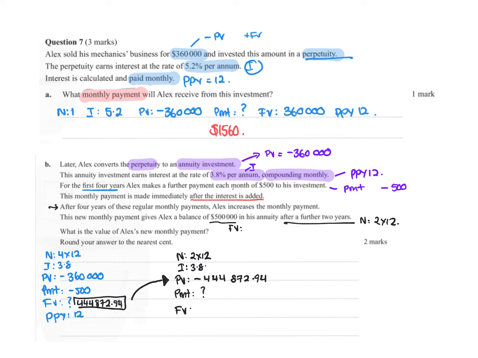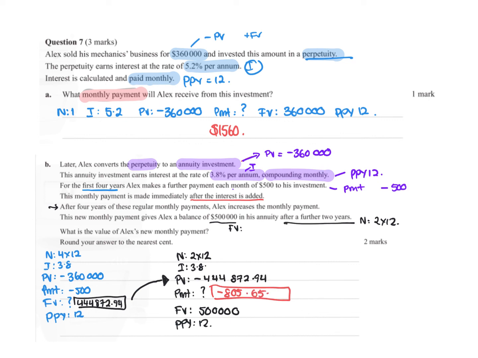And FV, we know he gets it up to a balance of a positive 500,000. So that becomes like the new balance, and PPY is still 12. So we pop that in and we'll get an answer. Okay, so we see you get this payment of negative 805.65.